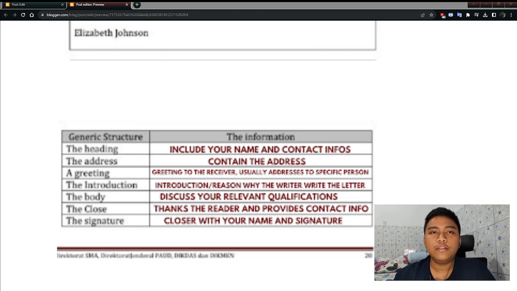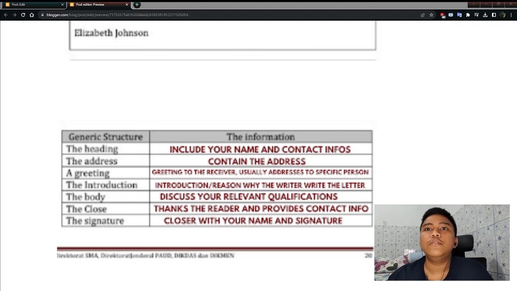Second one, address. You have to include your address, obviously. Greeting: you have to use a formal greeting for application letters, usually addressed to a specific person, formally, of course. The introduction is the introduction of yourself.